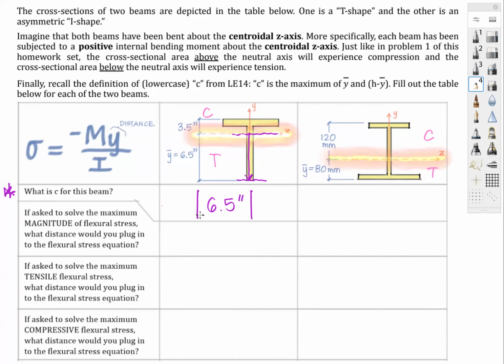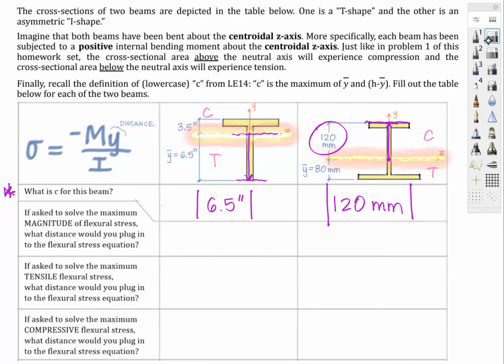Over as we go to the asymmetric I-shaped member, the farthest distance we can go is up here to the top fiber. So how far is that? It's a distance of 120 millimeters. And that distance, again, we could put an absolute value sign there if we wanted to, to make sure that's clear.